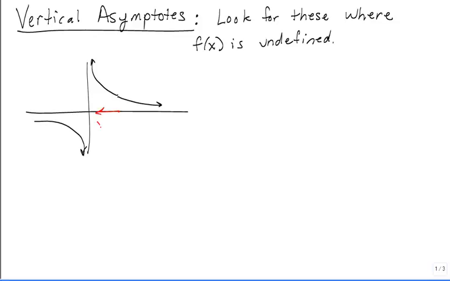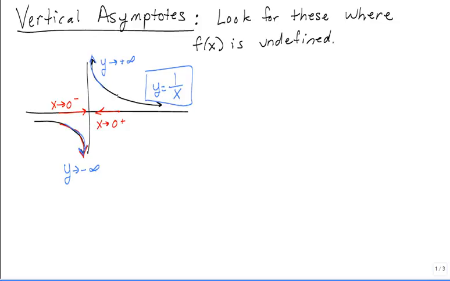As x approaches 0 from the right, our y is going to positive infinity, and over here, as x approaches 0 from the left, our y, if you follow the graph, our y value goes to negative infinity. Again, this is the graph of 1 over x.